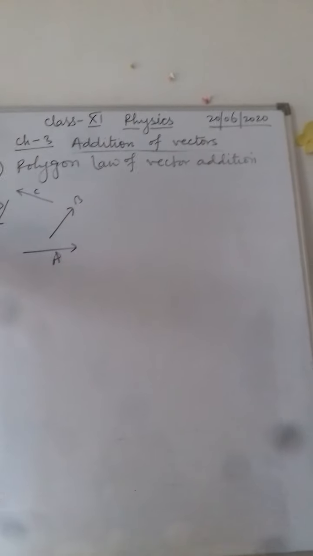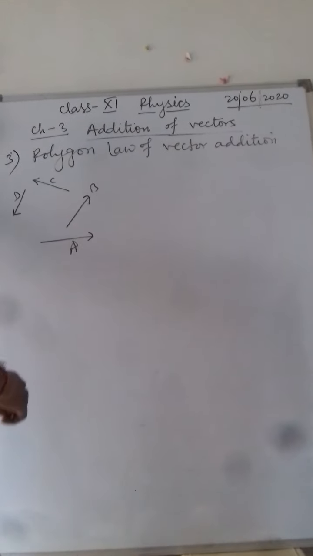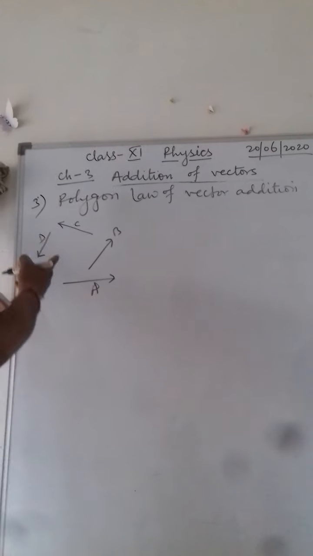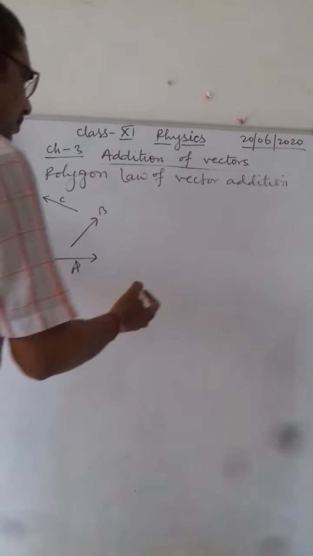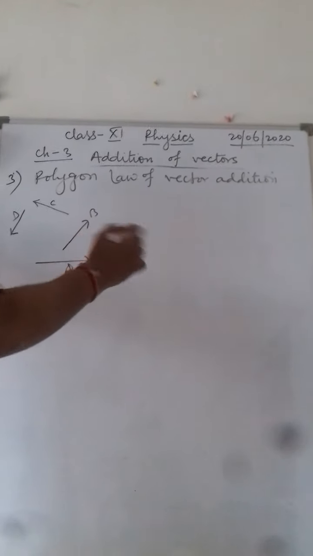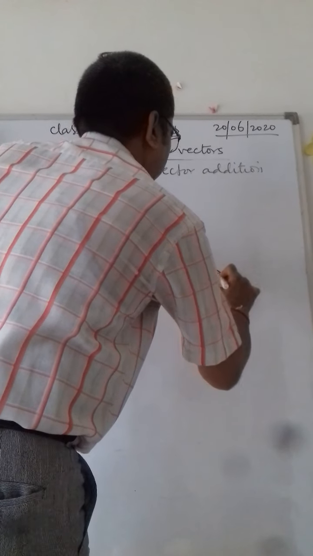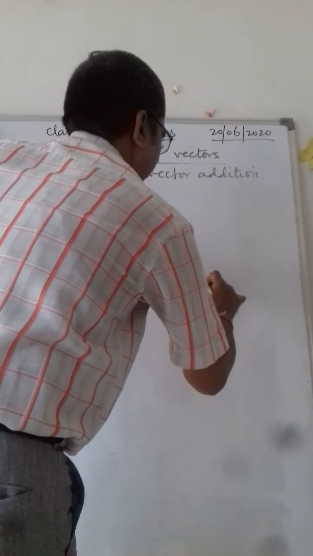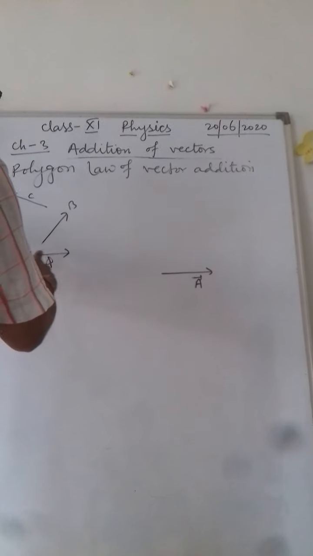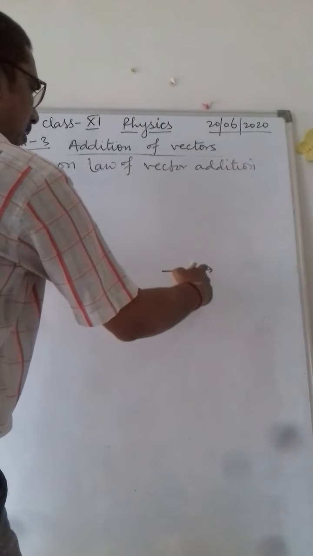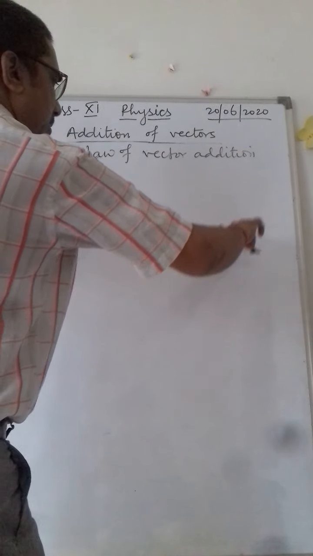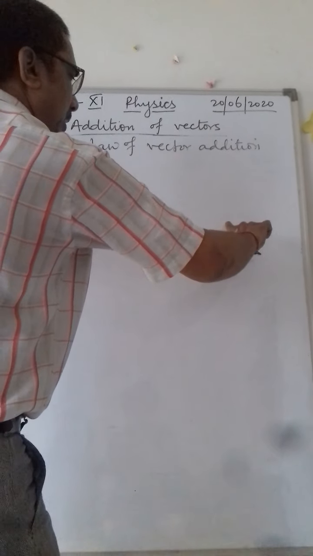So first we have to connect these four vectors A, B, C and D according to the situation. How? The same way, head to tail. Here, first we observe vector A in this position, and parallel to B, connected tail to head.